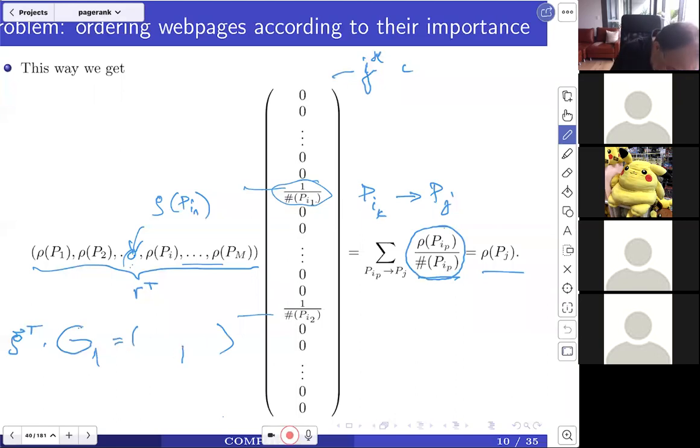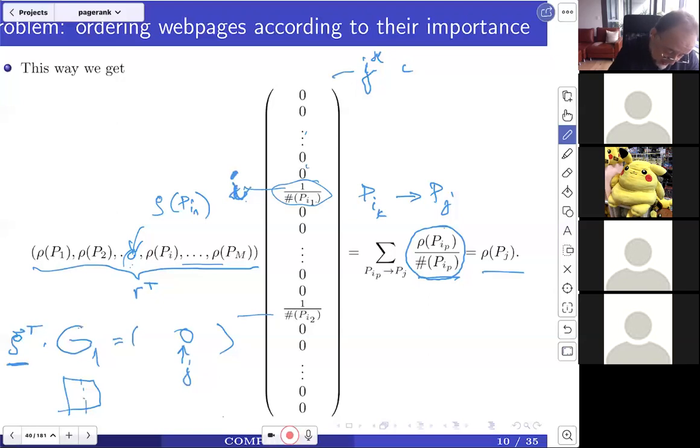And so let's see what you get at the jth place. At the jth place, you have to multiply rho transposed with the jth column of G1. But the jth column of G1 consists of all zeros except for the rows I such that I points to pj, right?